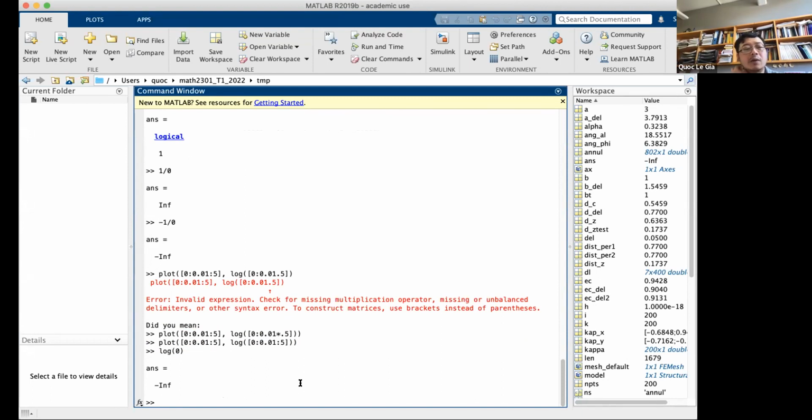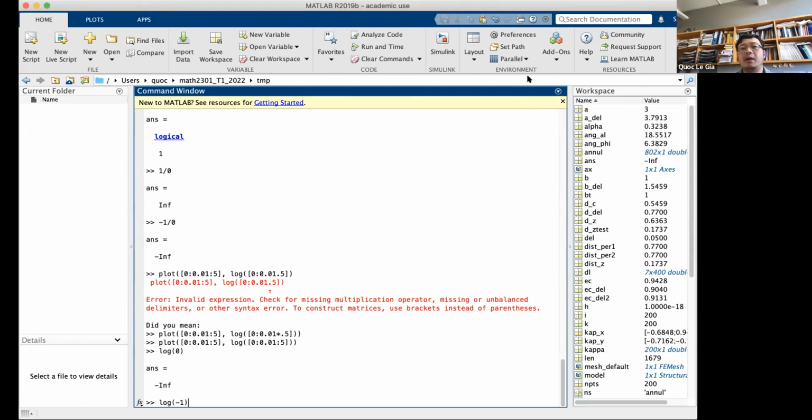If you remember, the logarithm of x is just a curve going to minus infinity. Now what about logarithm of minus 1? What is logarithm of minus 1? Doesn't exist. Well, if you haven't seen complex numbers, then okay.